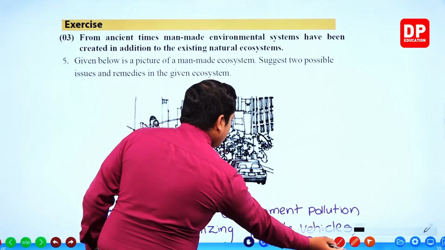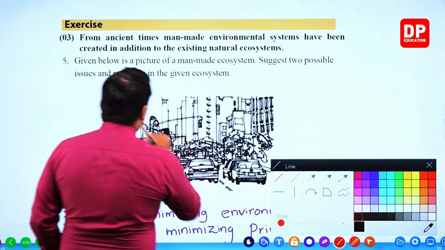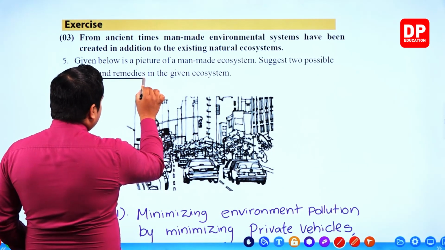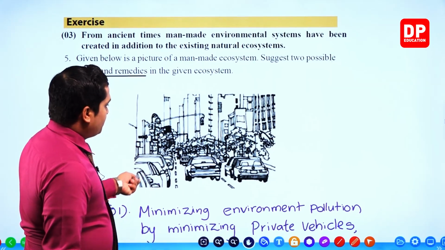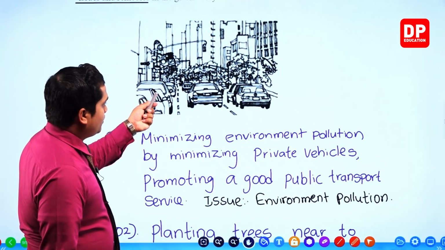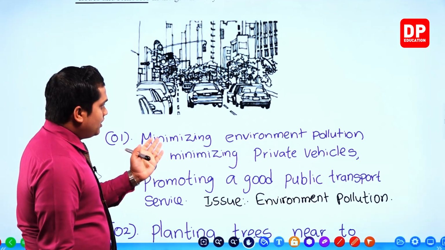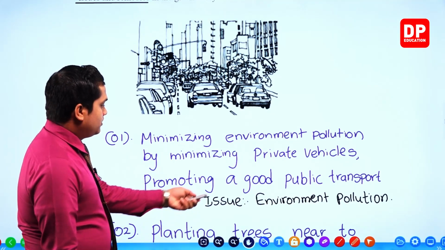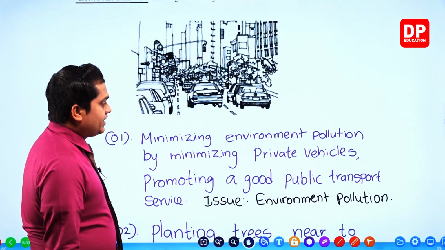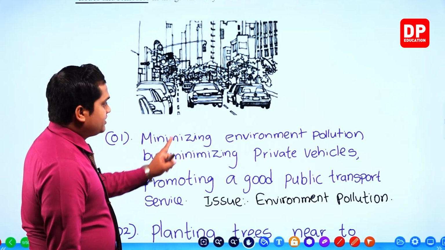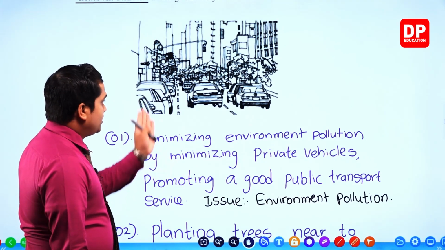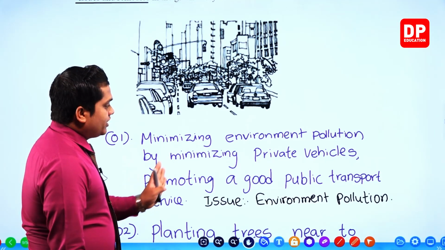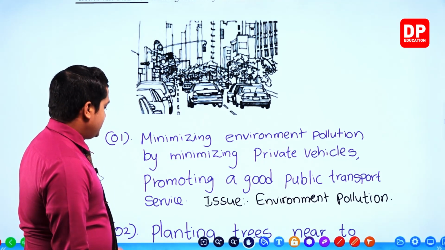And my dear children, remedies. Okay, issue number 1 is environment pollution because of emission of fuel burnt smoke. So we can avoid that condition by minimizing the private vehicles used in this figure by promoting a good public transport service.